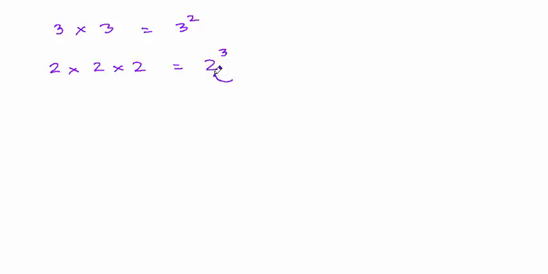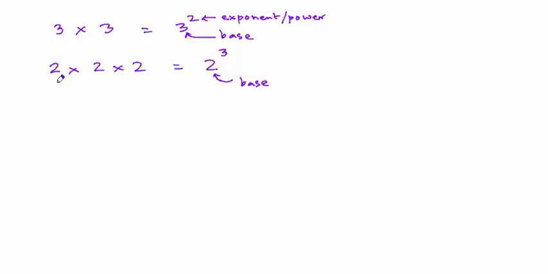So this is the base, 2 is the base. On this one, 3 is the base. And the number of times it multiplies with itself is called the exponent. So because there are 2 3's in this multiplication sentence, we have 2 on the top and it's called the exponent, also known as the power.